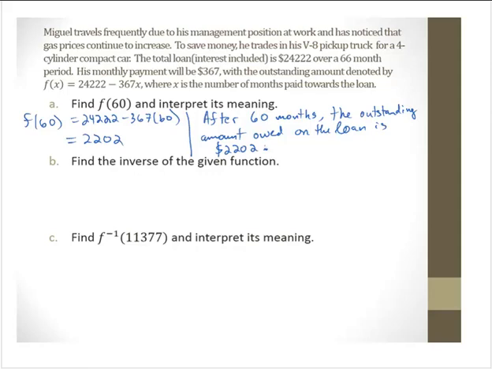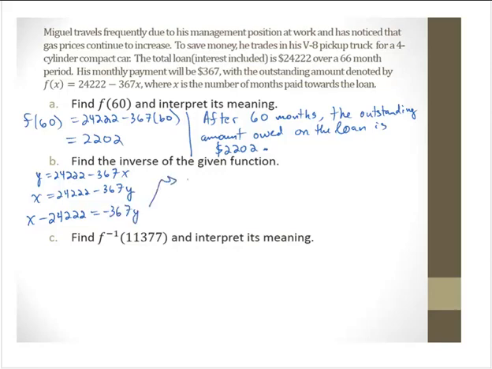All right, find the inverse of the function. So let's rewrite it as y equals 24,222 minus 367x. Invert the variables. x equals 24,222 minus 367y. Solve for y. x minus 24,222 is equal to negative 367y.